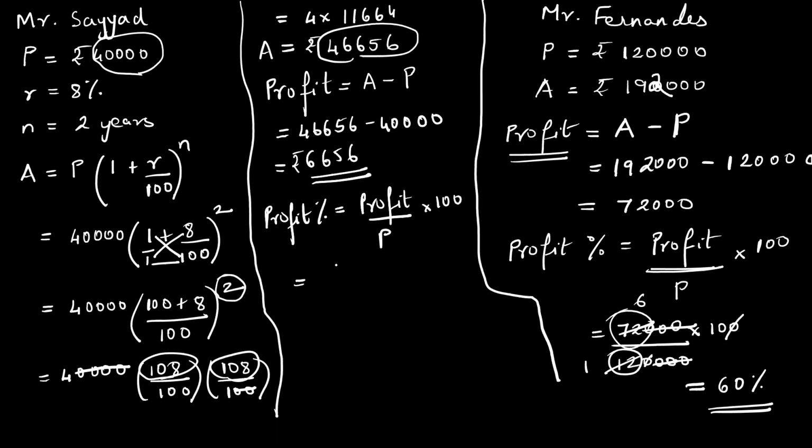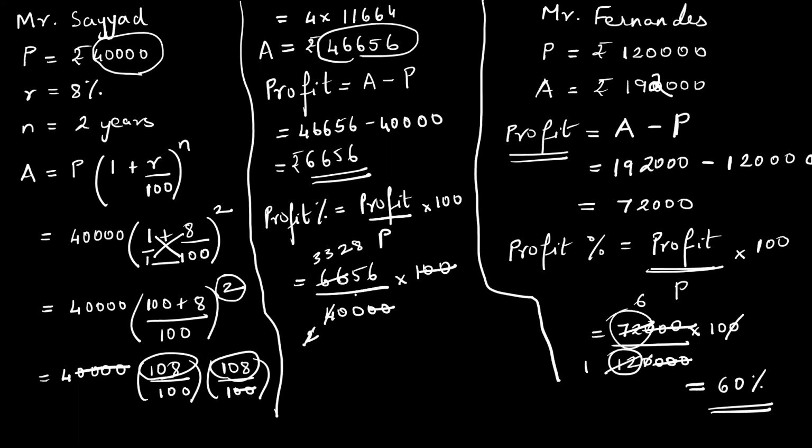The profit is 6656 upon P, 40,000 into 100. So 0, 0 cancelled. Now try cancelling it with 2. 2 2s are 4, 3 3, 2 8.